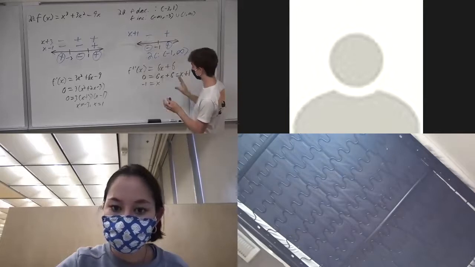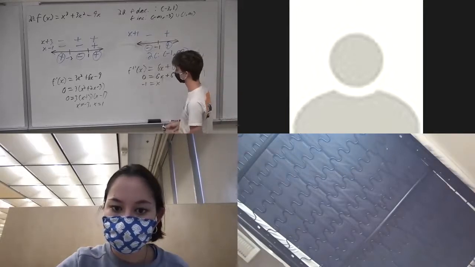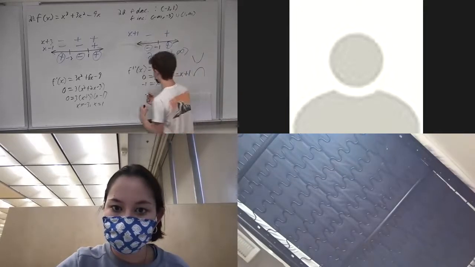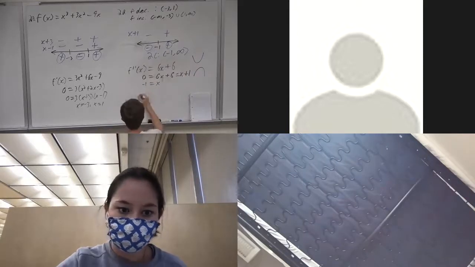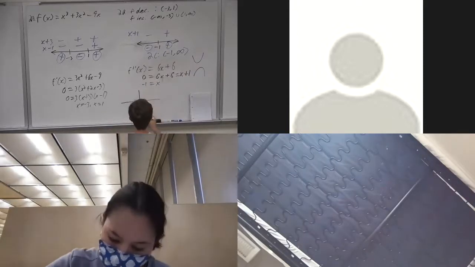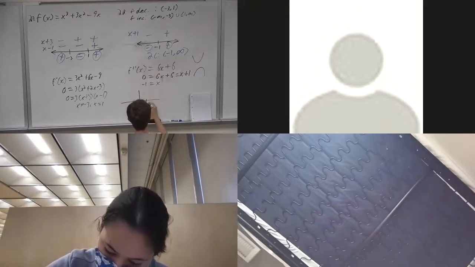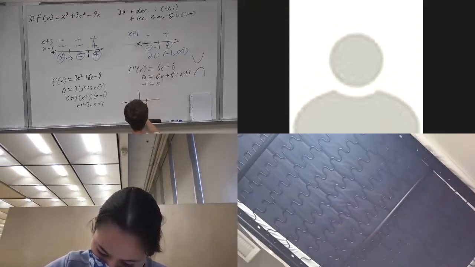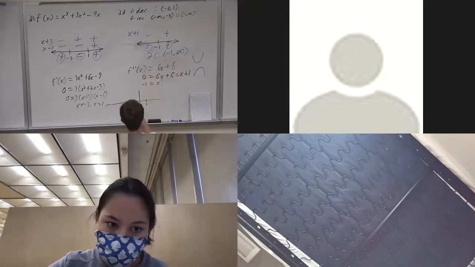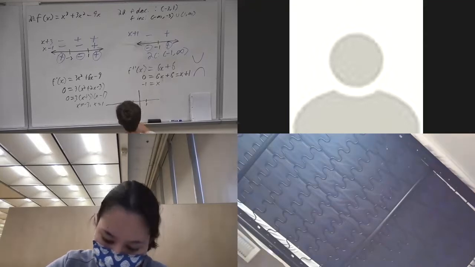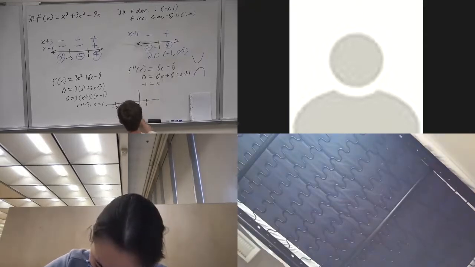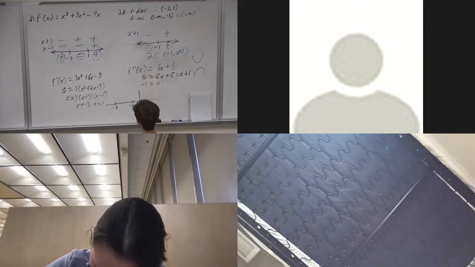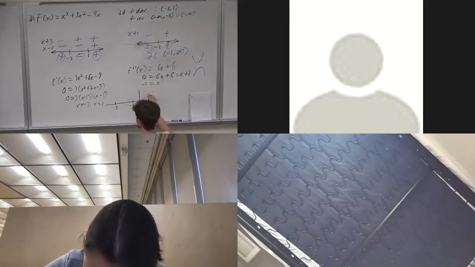So from all this information, we can draw a nice picture for the graph, right? So let's see, we do this, mark 1, this is 1, 2, -3, negative. Okay. So we know we're going to have an inflection point here. We're concave up over here, and we're concave down here.